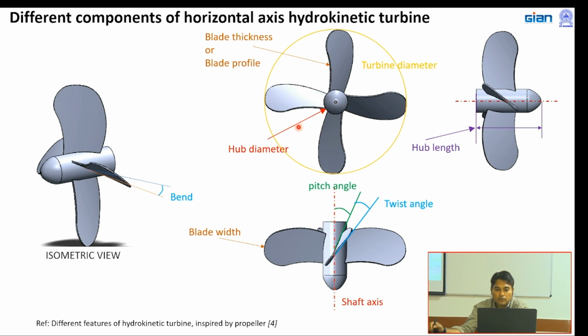Considering a side view, this will be the length of the hub, and you can define the distance from the tip of the hub from which the blade starts, and the extent of the blade along the hub direction.